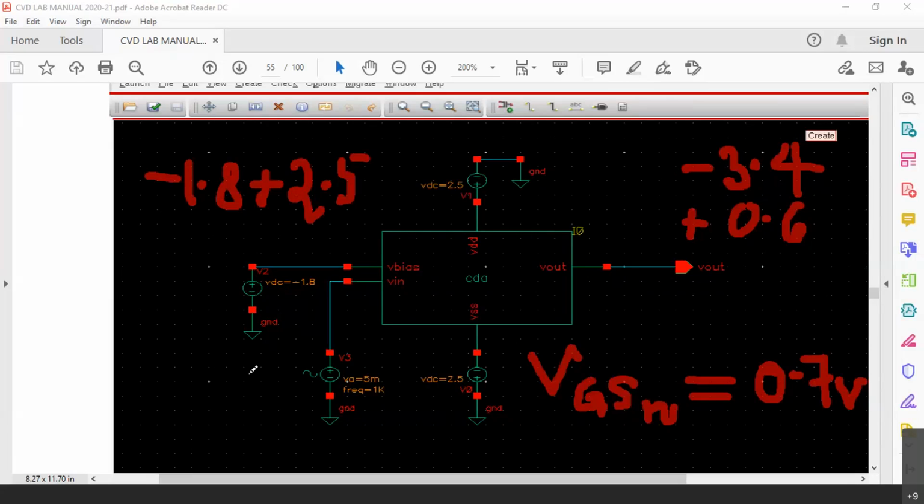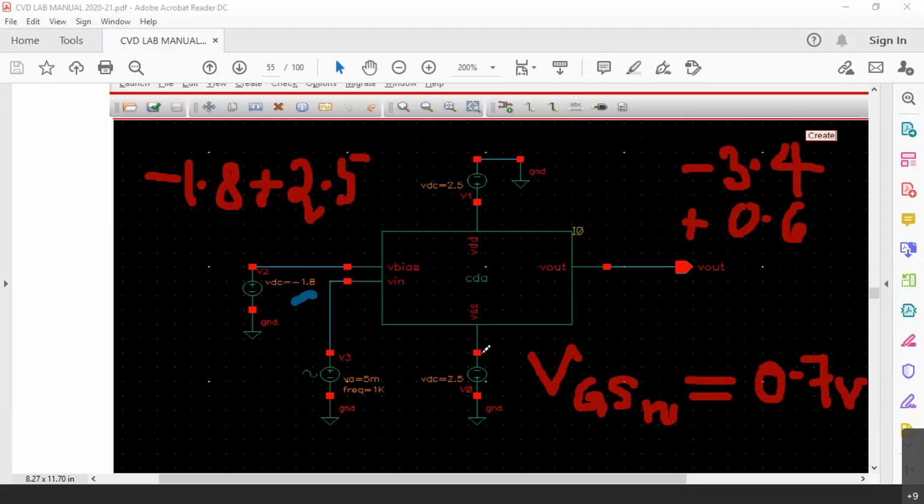Now, in this experiment, we are seeing that the VGSN has to be positive because the source of the NMOS is connected to minus 2.5 VSS. So even though you may think, how can an N MOSFET have a negative gate voltage, how can it be minus 1.8? But we are dealing with amplifiers which have dual supply now, plus and minus both.